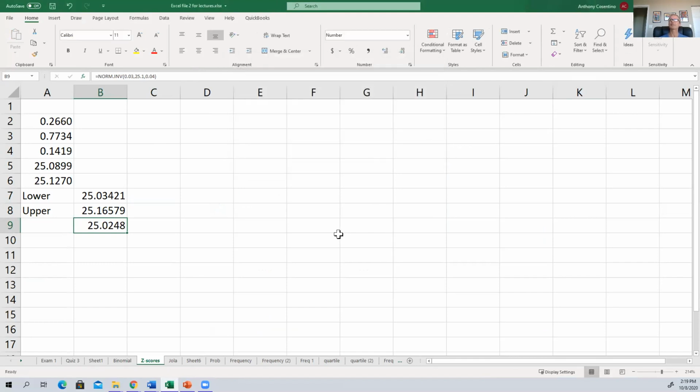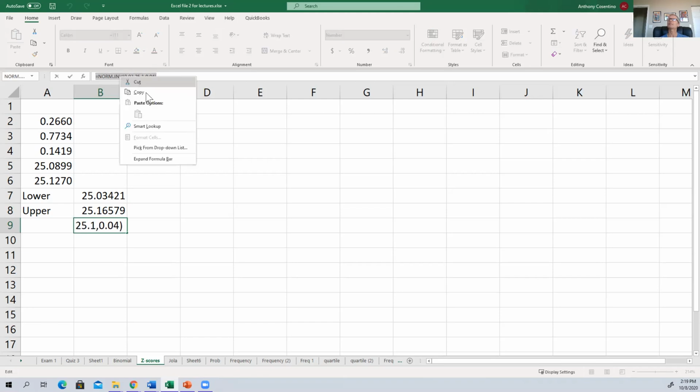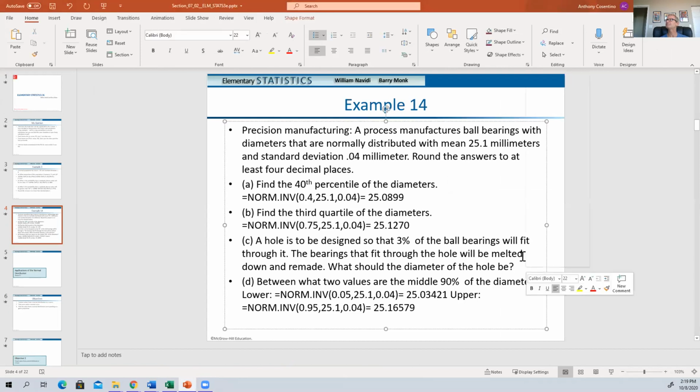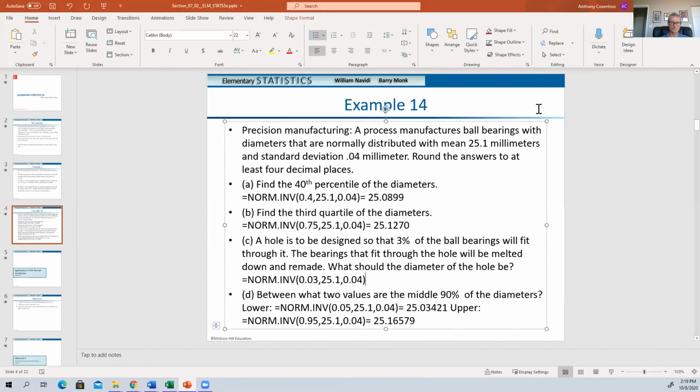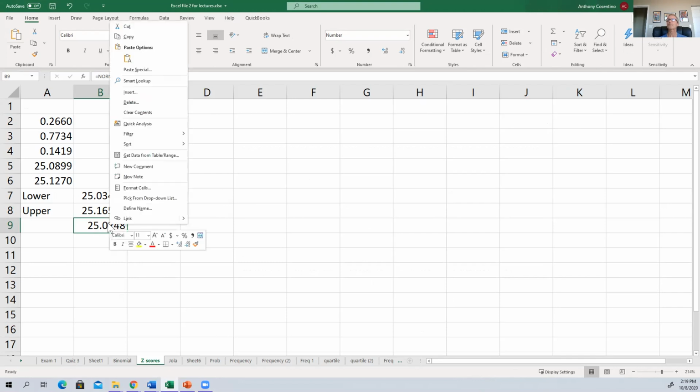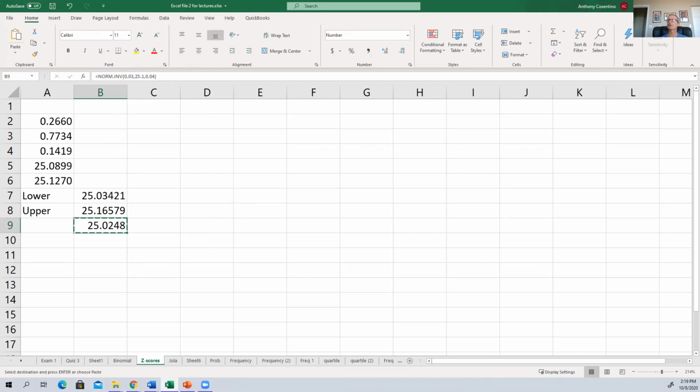So that's the size of the hole that we would want to make to do a test fixture, right? To get at the ball bearings that we're considering to be too small to pass this test. And so let me just copy that for you and stick it in the presentation. Copy that number and away you go.